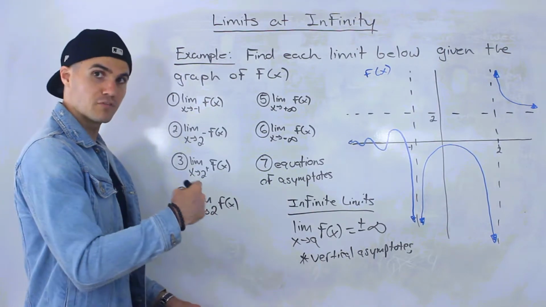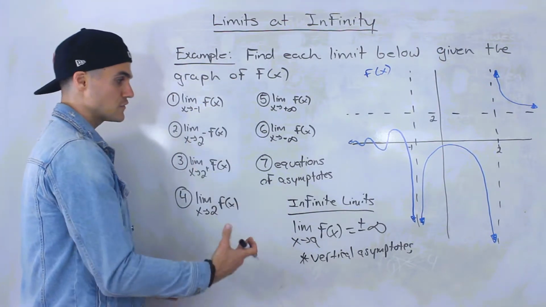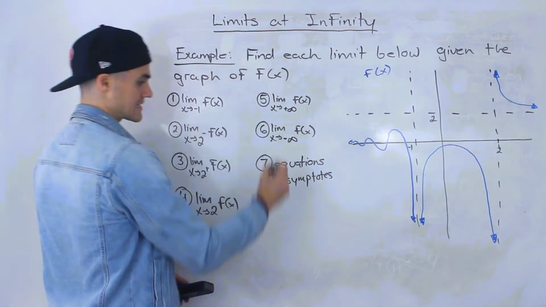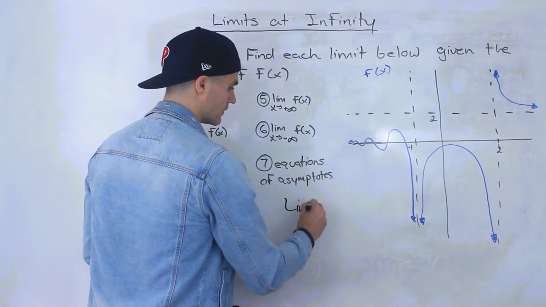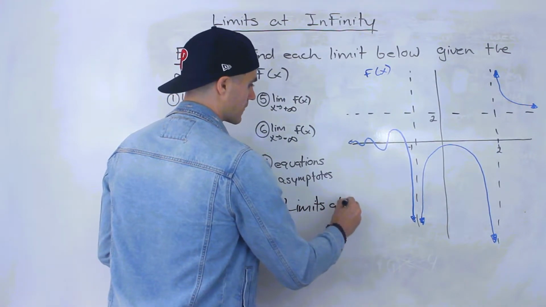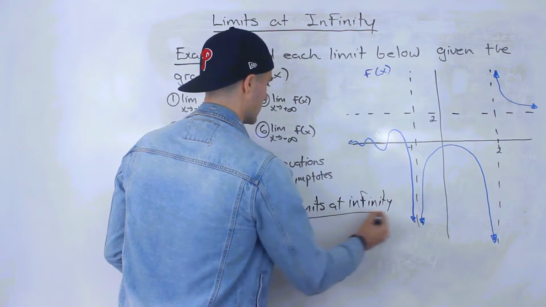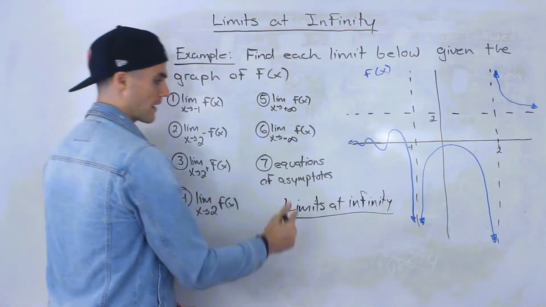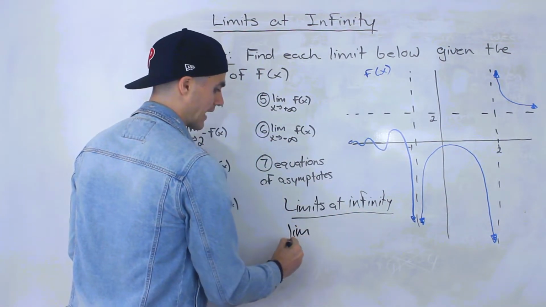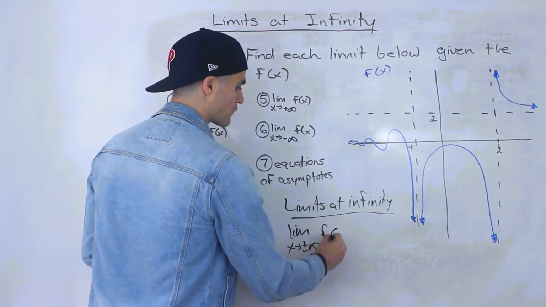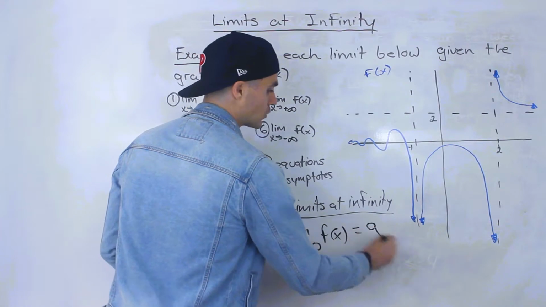But what we're going to be focusing on in the next few videos is not infinite limits, but limits at infinity. And limits at infinity take this kind of format, where we're going to have the limit as x approaches plus or minus infinity of f of x, and that's going to equal a number.